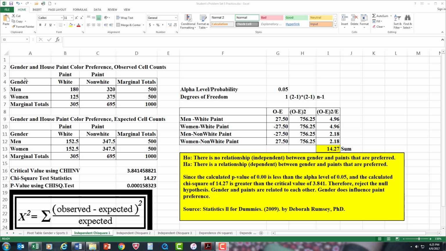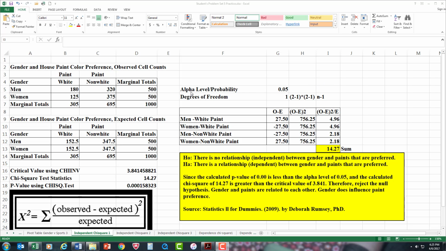So I already set up the 2x2 contingency table, and what I had to do afterwards is copy and paste this table to another cell, and instead of being observed cells, they're going to be the expected cells. So basically what I had to do was clear the interior cells of these numbers so I can get the expected. I'll show you how to do that in a moment.